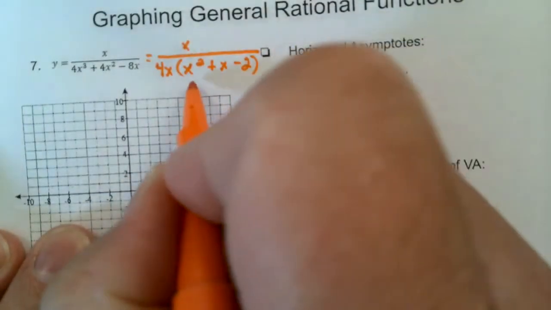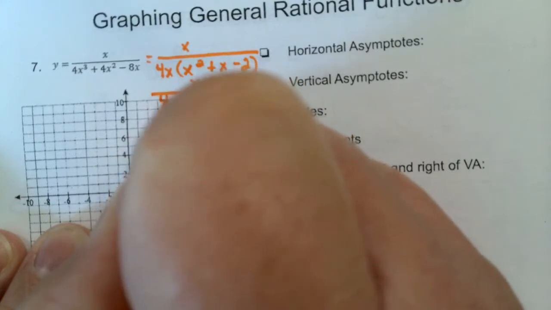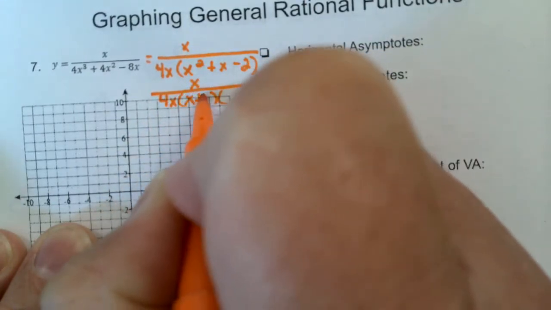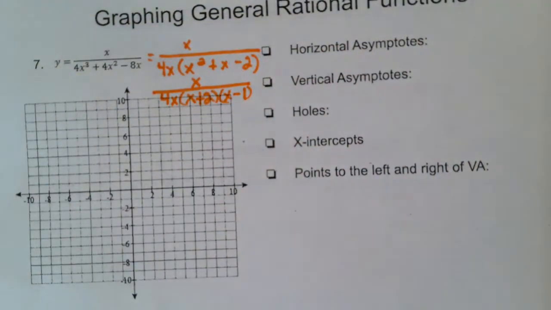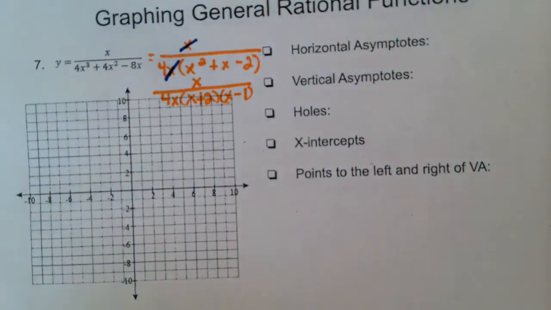If I continue to factor, I have x divided by 4x times (x plus 2)(x minus 1) as my factors. So hopefully you notice the x's divide out, so that will be a hole there.